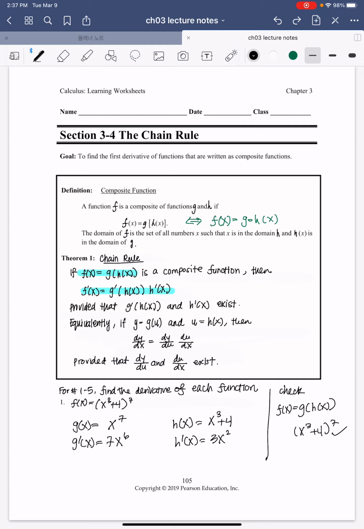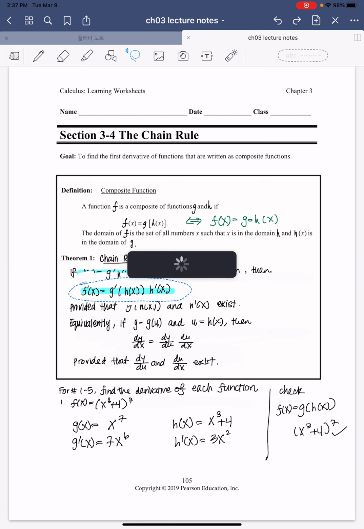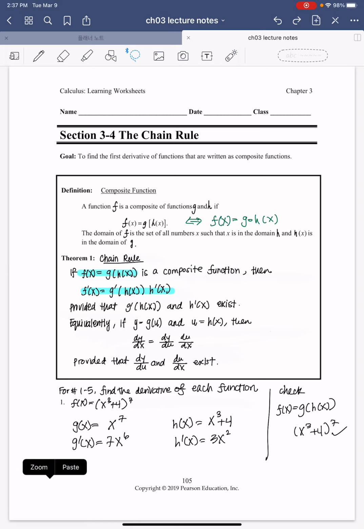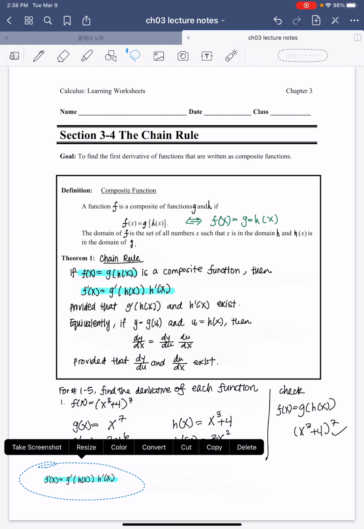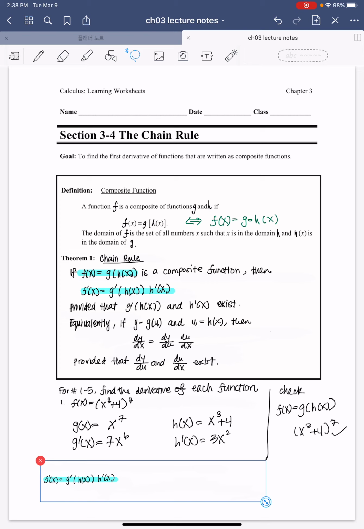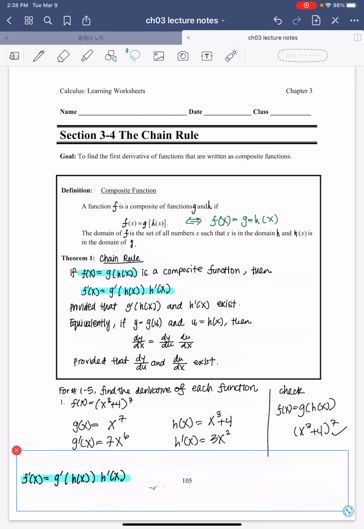So now here's my formula. Let me erase this part so we have a little bit more space. I'm also going to erase this extra. So always write down the formula because it's nice.